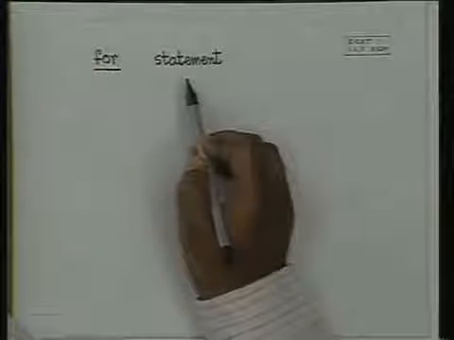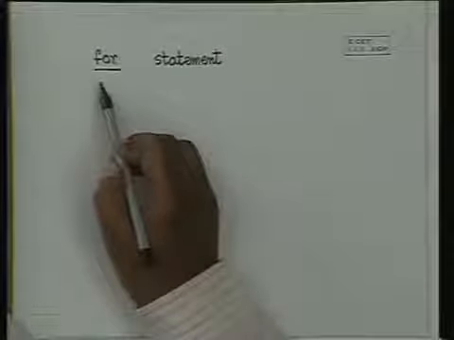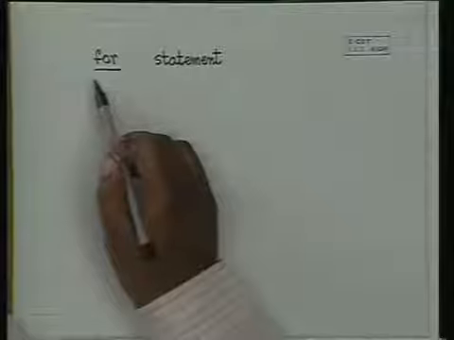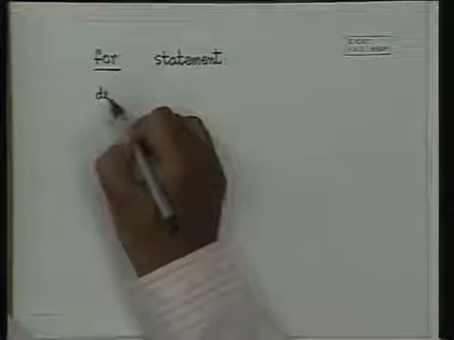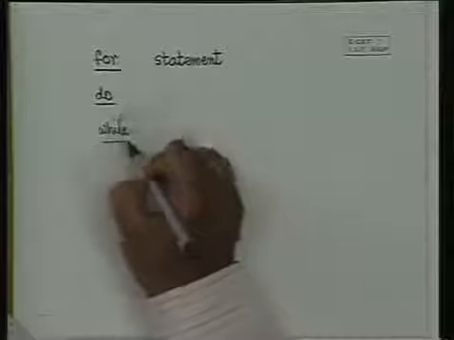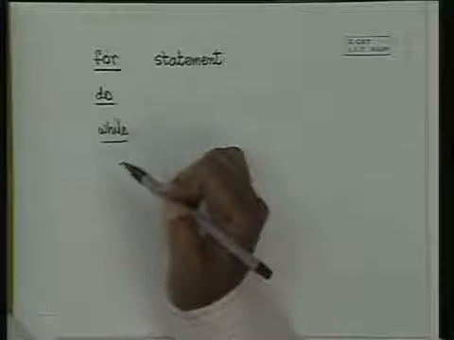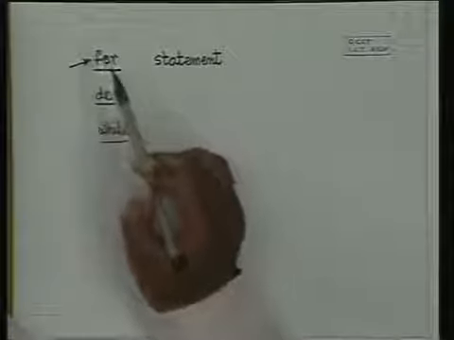There are many ways of looping in C language, and the for statement is a very flexible and quite a general purpose routine. It depends on your taste which loop you will use. There is a do statement and there is a while statement also. There are 3 such looping constructs available in C. This is the standard looping construct where you have a lot of control.